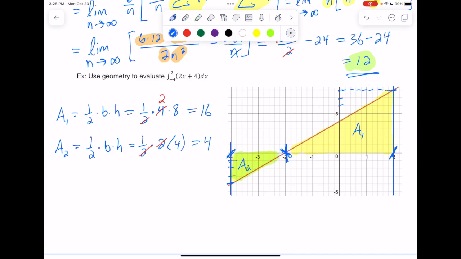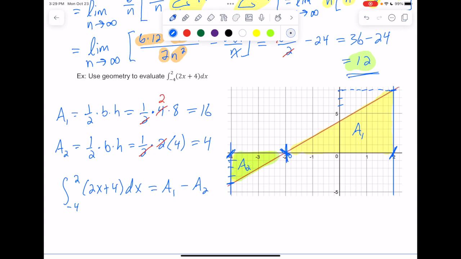So the integral from -4 to 2 of 2x plus 4 with respect to x, or dx, would be A1, not plus A2, but minus A2. If we go back and look at the definition of net area, it says any areas that are below the x-axis, we subtract.